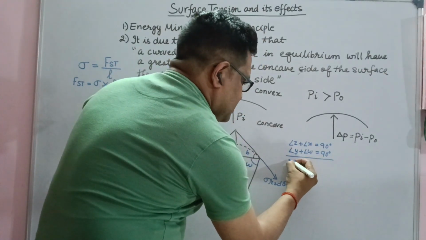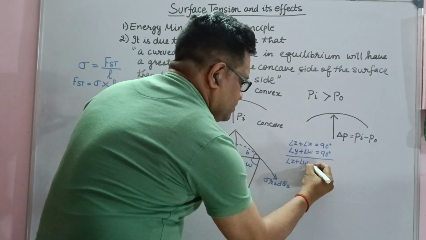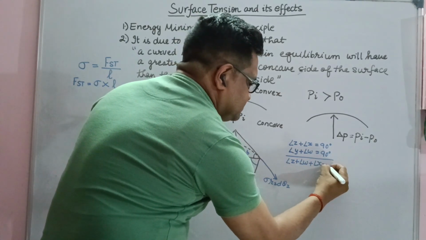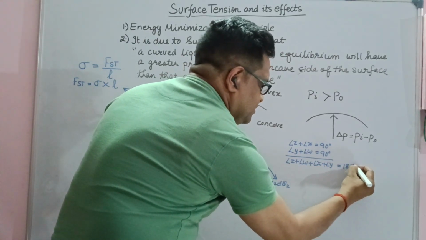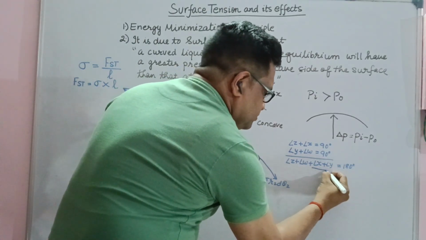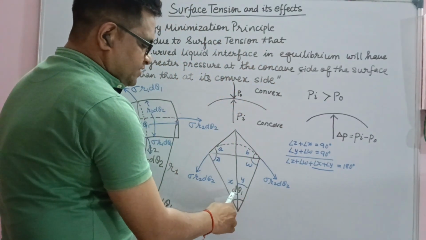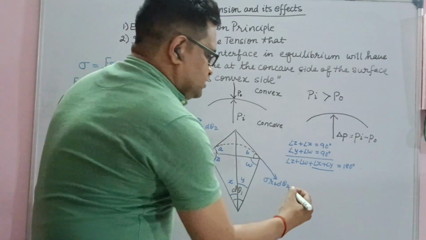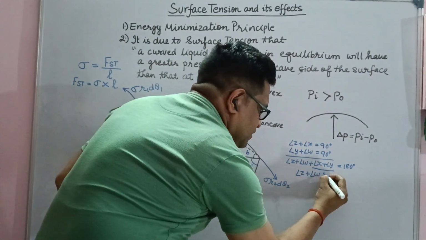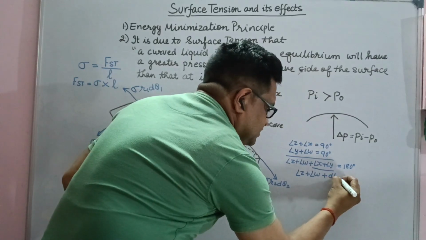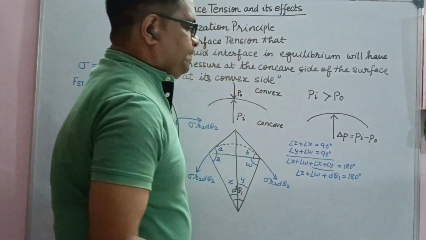We have angle z plus angle w plus angle x plus angle y equal to 180 degree. And we have already denoted the sum of angle x and y as d theta 1. So we can say that angle z plus angle w plus d theta 1 is equal to 180 degree.